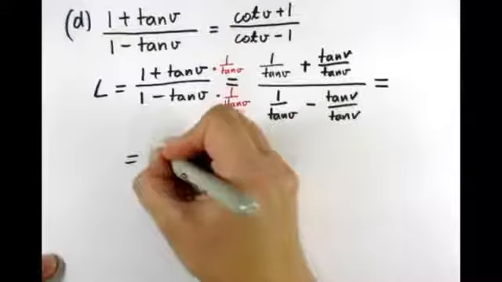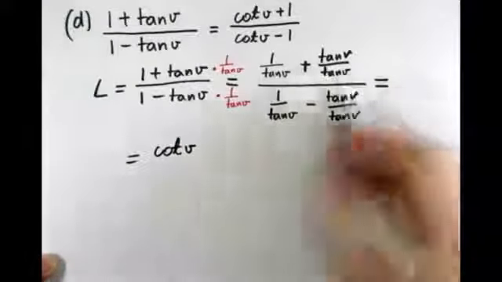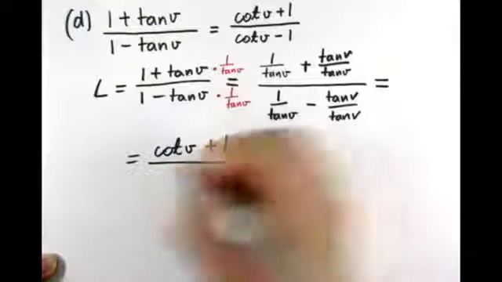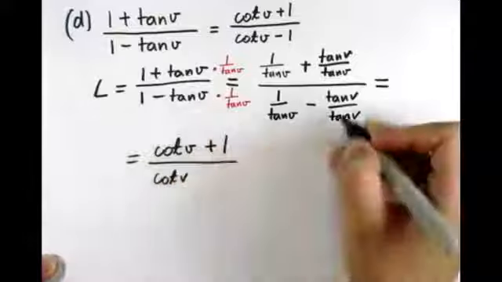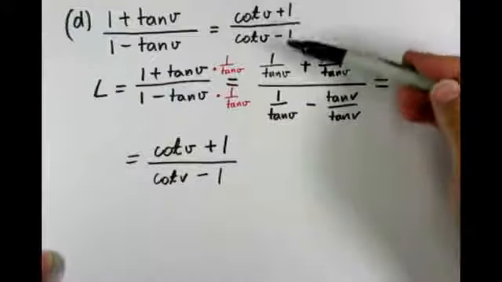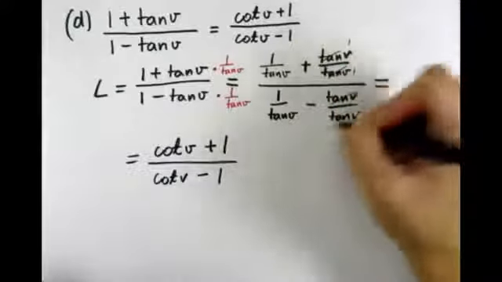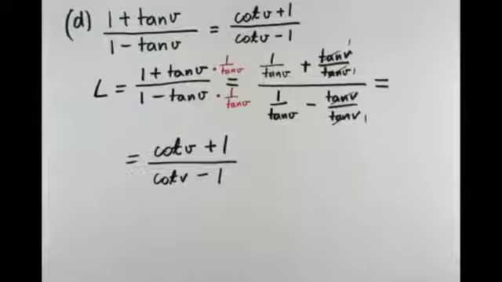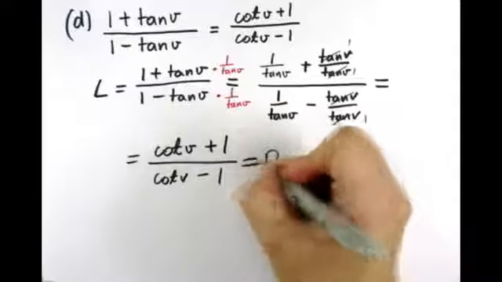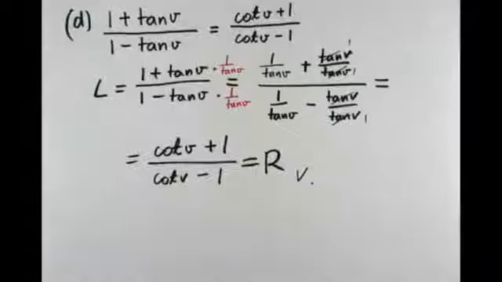So we have cotangent V. Tangent over tangent reduces to 1. 1 over tangent is cotangent. And tangent over tangent reduces to 1. And that's exactly what I have. Okay, that's exactly my right side. So I started with left side, I ended up with the right side. My identity is proved.